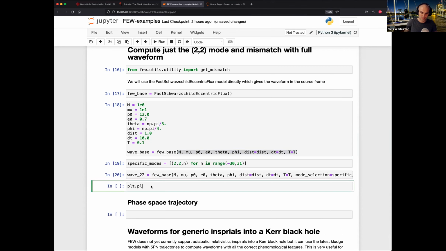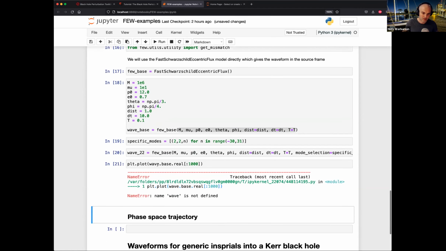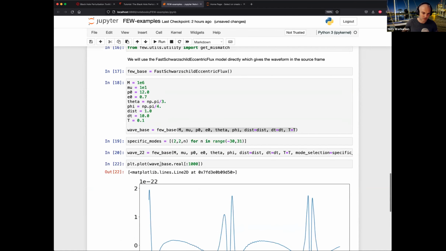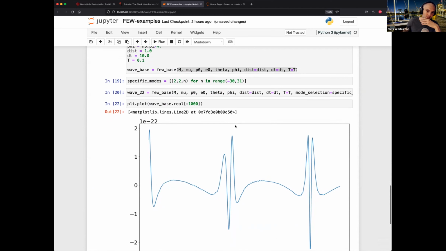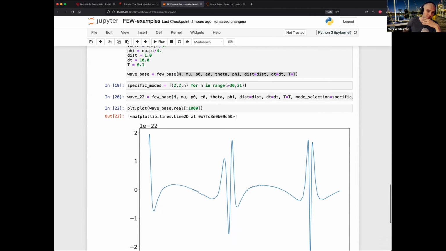And now what we can do is plot that. Wave base. So there's the waveform that includes all the available modes. You can see there's some small oscillations on the waveform. When you look carefully, that's actually coming because we've truncated the radial harmonic sum at plus or minus 30. If you added more, these would vanish. But for the purpose of the model, this was sufficient at the time.